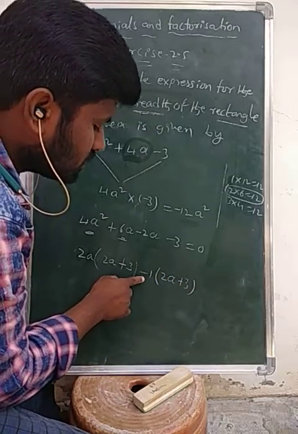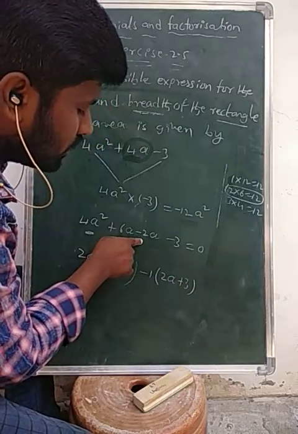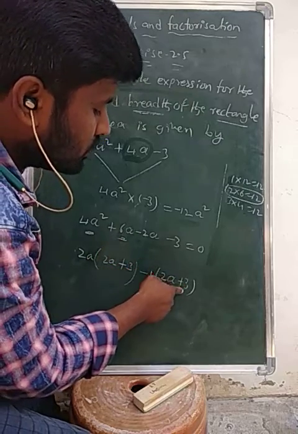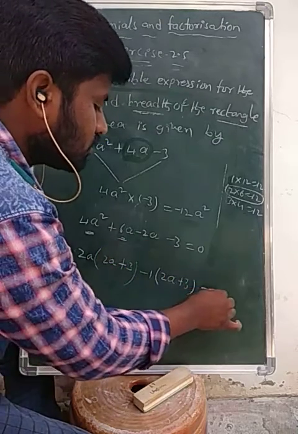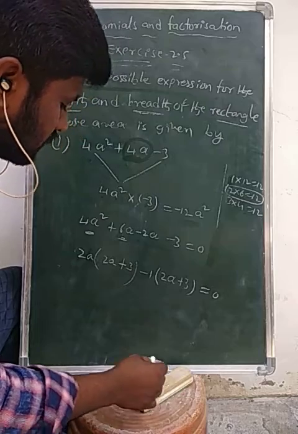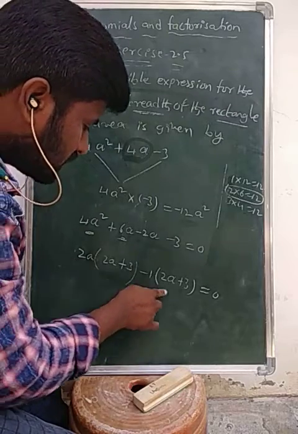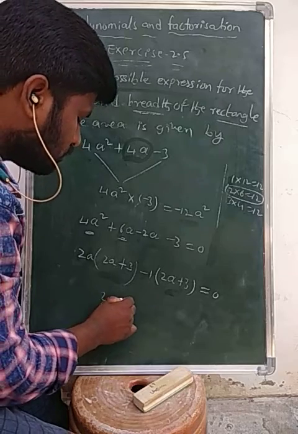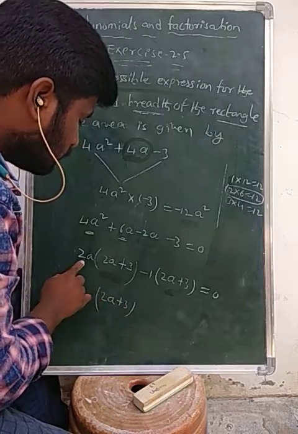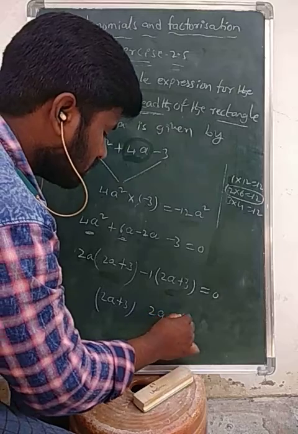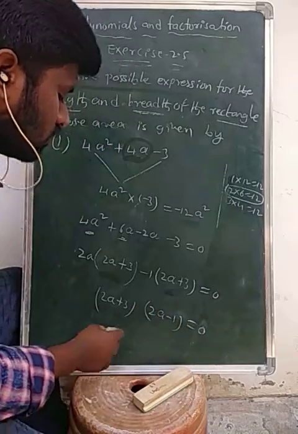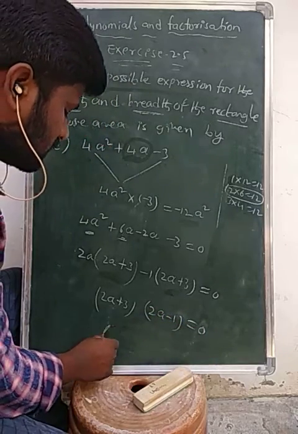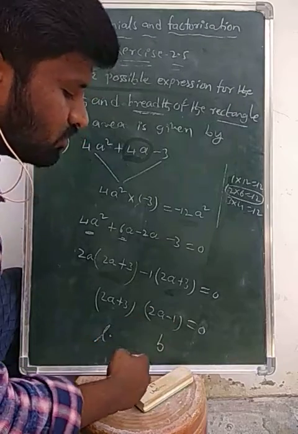So minus 1 into 2a minus 1 into plus 3 minus 3 is equal to 0. Now we get 2a plus 3 in brackets as one factor, and 2a minus 1 is another.